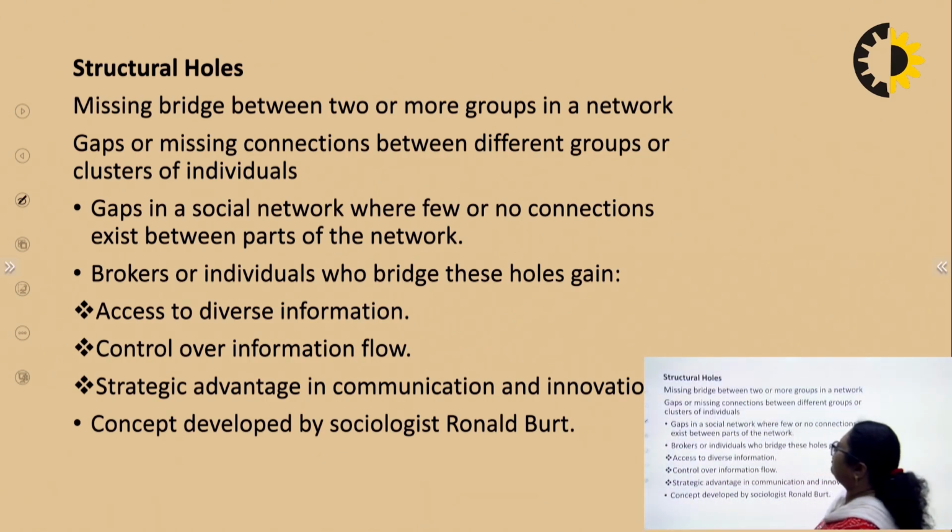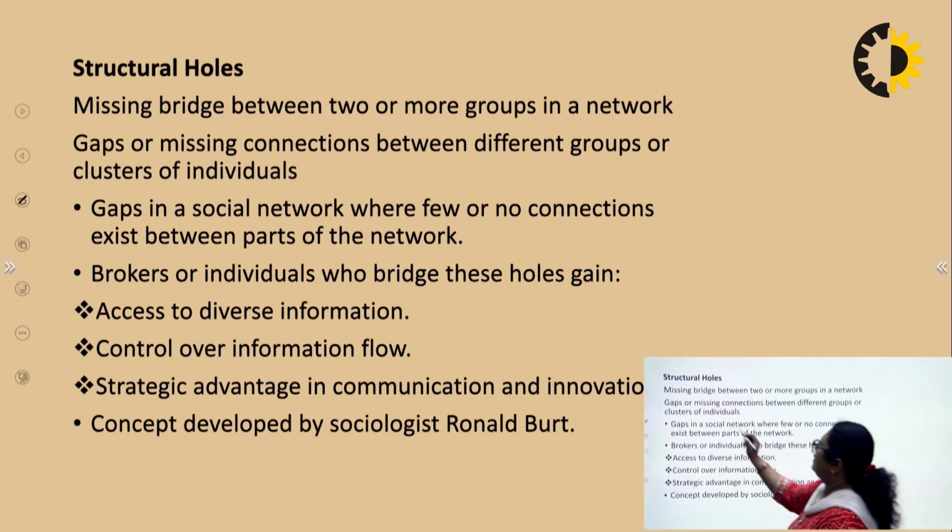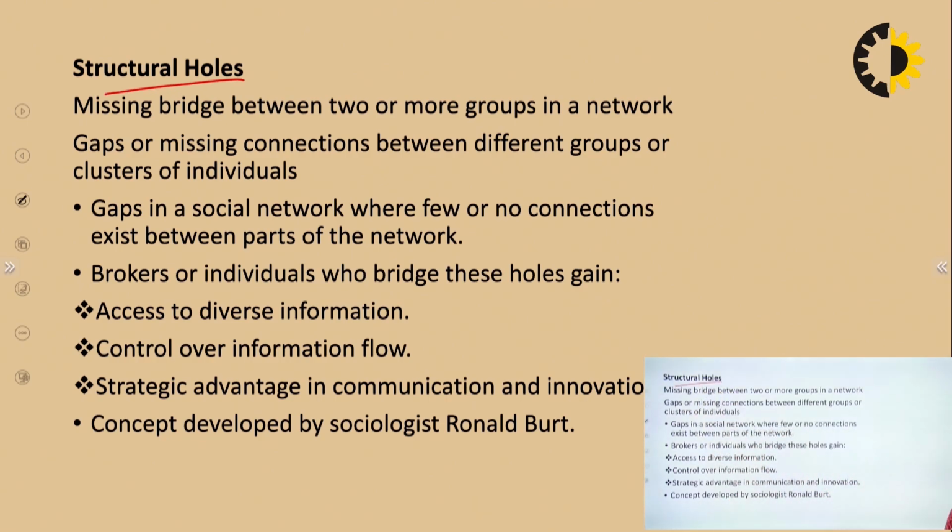Next are structural holes. What do you mean by structural holes? We have a gap between different communities or groups, and these gaps or missing links are represented by structural holes. Structural holes represent a missing bridge between two or more groups in a network.